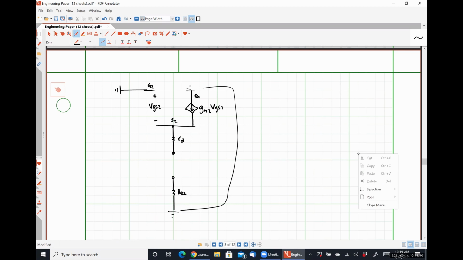So I'm going to apply a test voltage, Vx, and measure this current, Ix. So let me ask you guys just a quick question here.